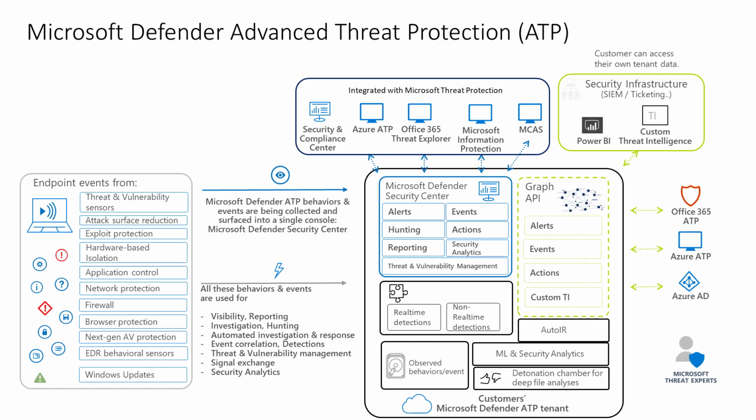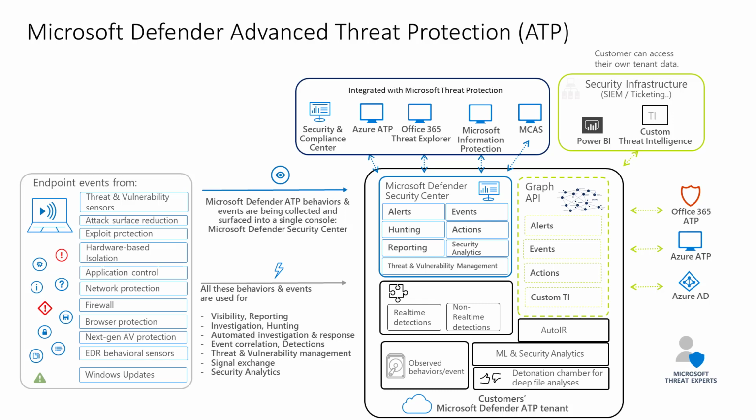If it finds those alerts to be related, it puts them into an automated investigation, which then goes through and performs an automated response, which is pretty awesome. Also, what I really like is that you have access to a sandbox environment for deep file analysis. I can submit a potentially malicious file into a sandbox environment up in the cloud to have it automatically detonate and see what that file is doing, what kind of behavior it's exhibiting.